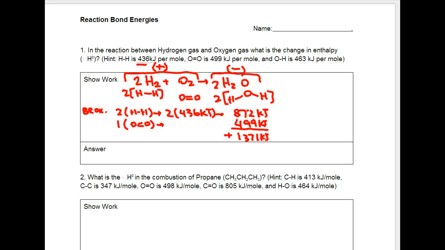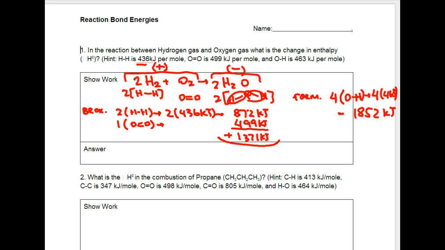Now we can also do the formed. In this case, you have two of these O-H bonds in each molecule, and you have two molecules of them, so 2 times 2 is 4 of the O-H bonds, and each O-H is 463, so 4 times 463, and what we get for that one is 1852 kilojoules, and it's negative because these are being formed.